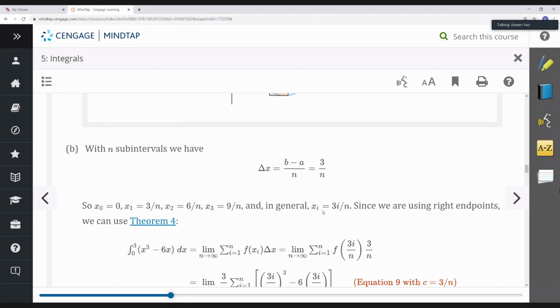So in general, remember that's how to find xi. xi is given by the formula: xi equals x0 plus i delta x. Now x0 is 0, i is the index, and delta x is 3 over n. Simplify that, you'll get 3i over n.